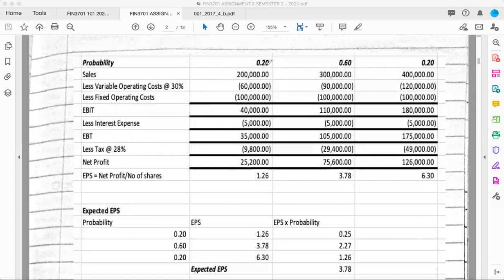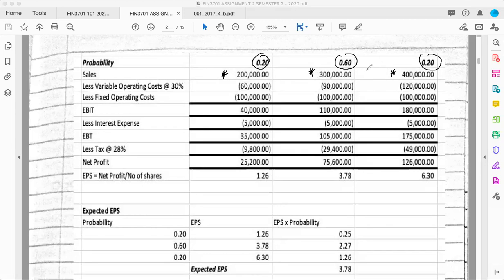So in this case, once we've determined the debt and the interest on the debt and the number of shares outstanding after issuing debt, we can now look at our earnings per share under each of the given possible levels of sales. Remember, we were told that there's a 20% chance that our sales will be 200,000, 60% chance that our sales will be 300,000, 20% chance that our sales will be 400,000, right?